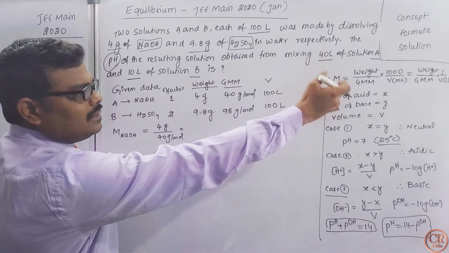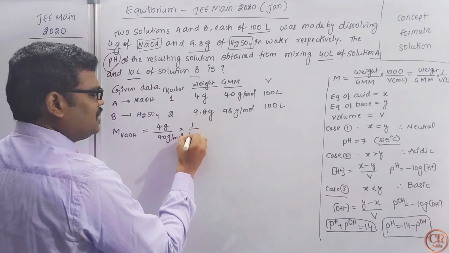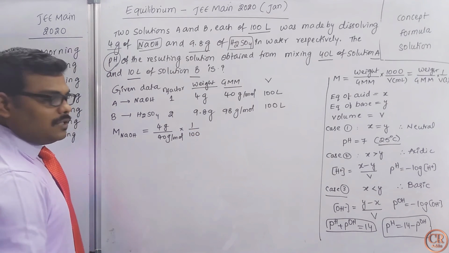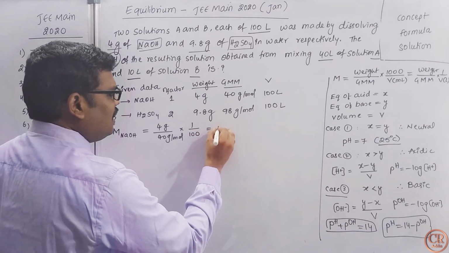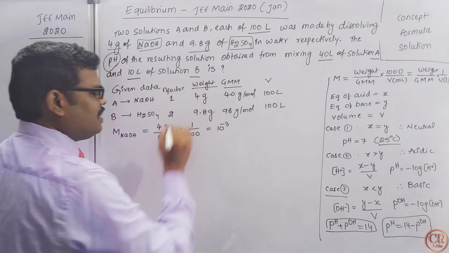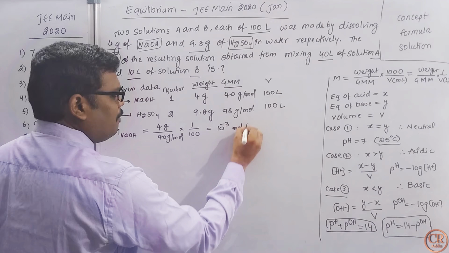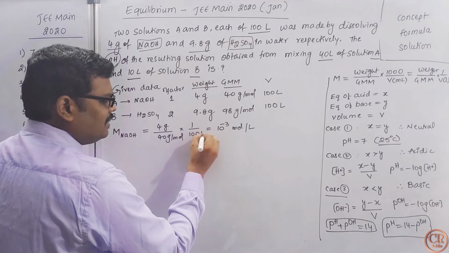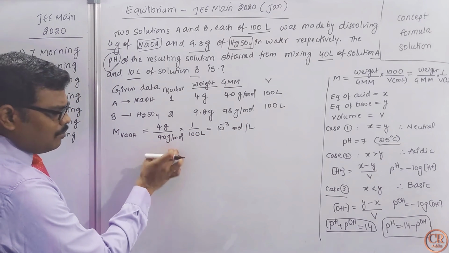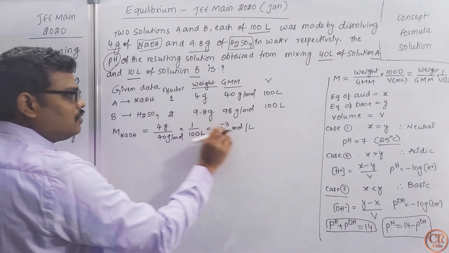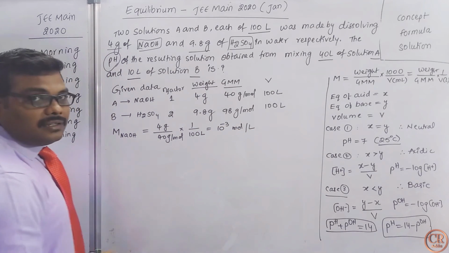So if the volume is in liters, then you have to use this relation, 100. From this you get 10 power minus 3 mole per liter, because here the unit is liter. So gram per mole, so mole goes to the numerator, so the unit is moles per liter.